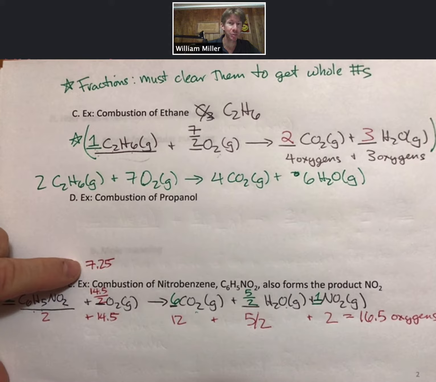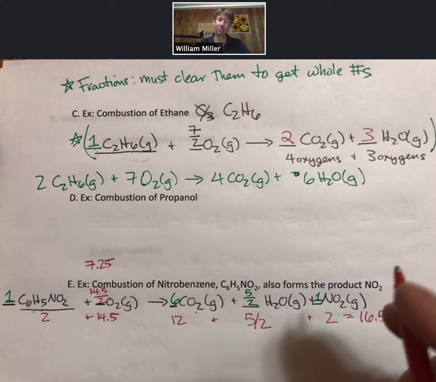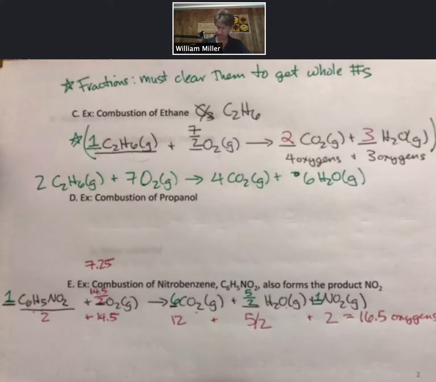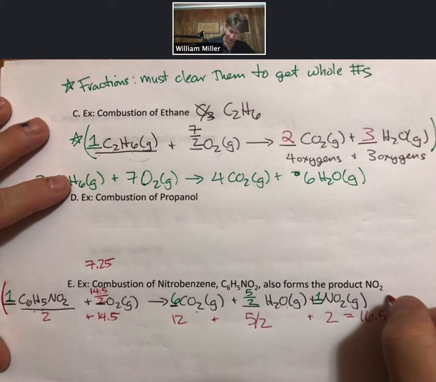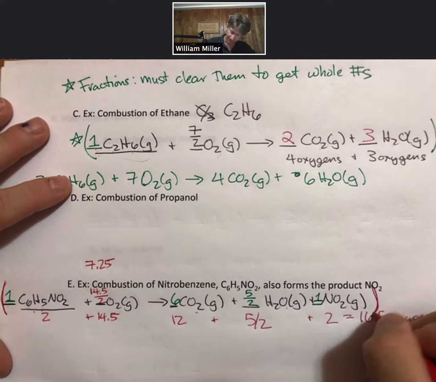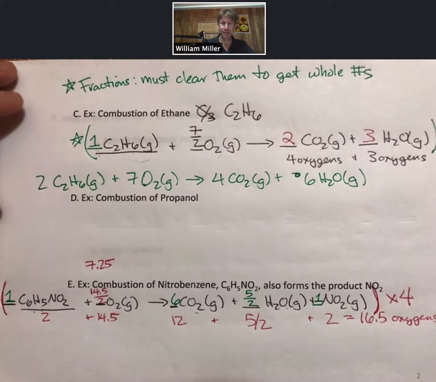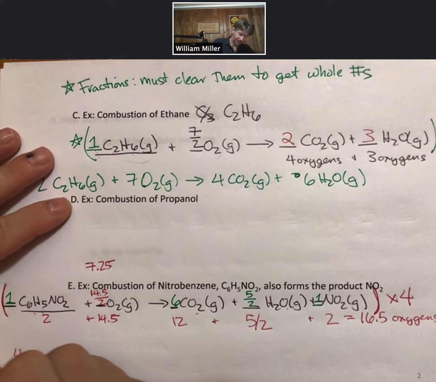Some of the numbers will be quite large now, but they will still be the smallest numbers possible. So, after all that, these parentheses are just multiplication parentheses. Multiply everything times 4. That gives me 4 nitrobenzenes.